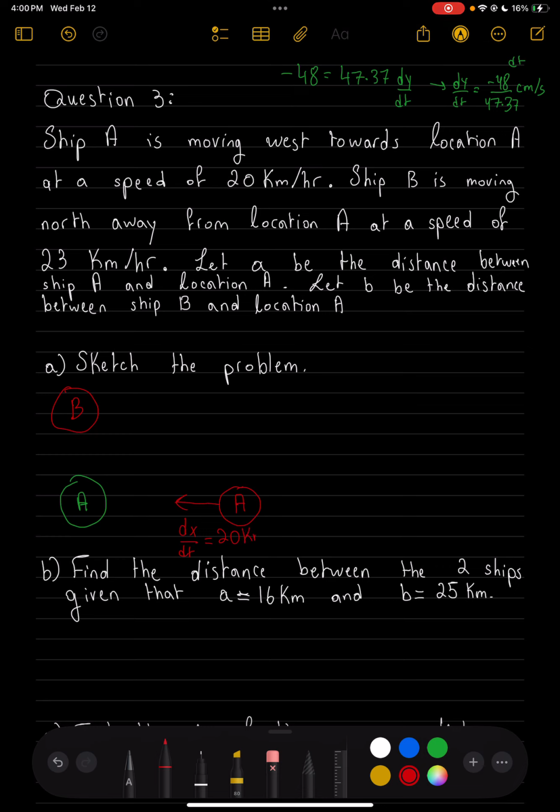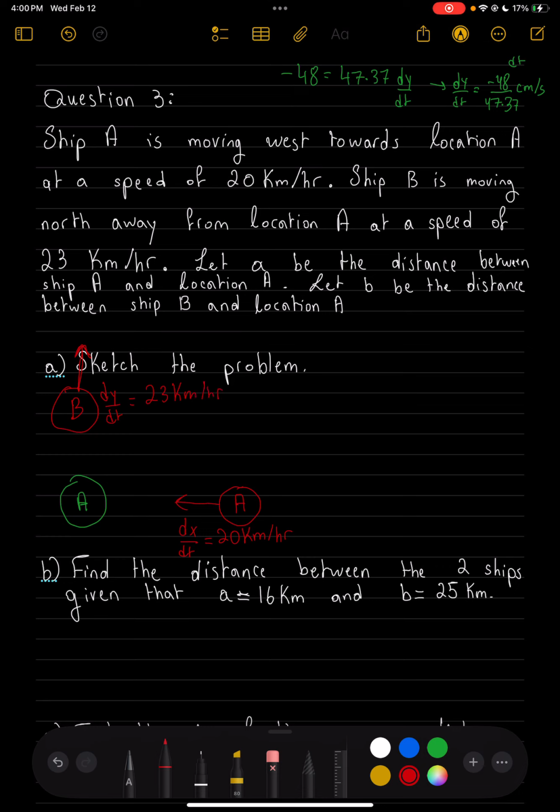And they said that ship B is moving away from location A to the north. So it's moving north away like this. And the speed over here, we're going to call it dy over dt, which is basically 23 kilometers per hour.